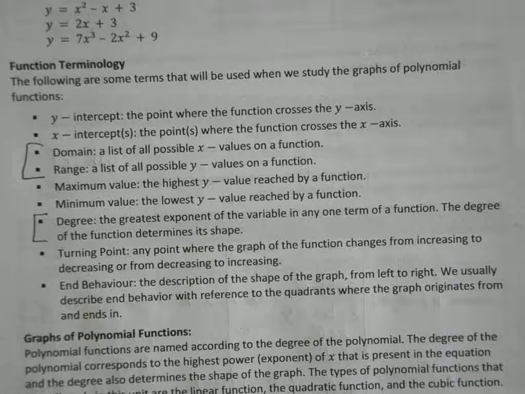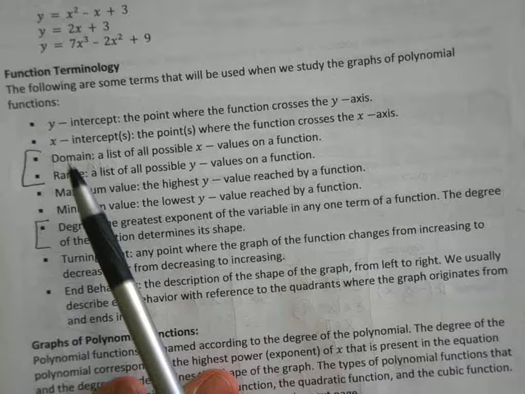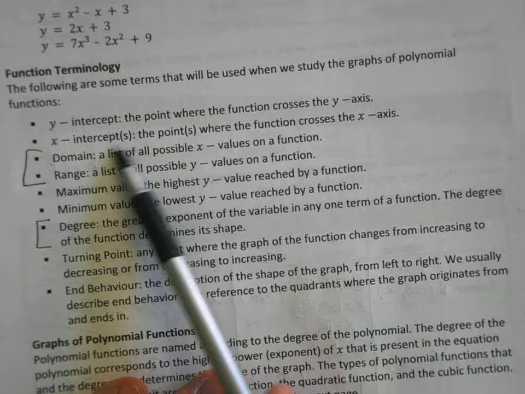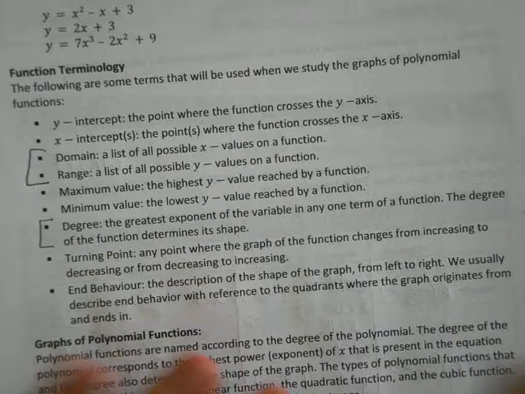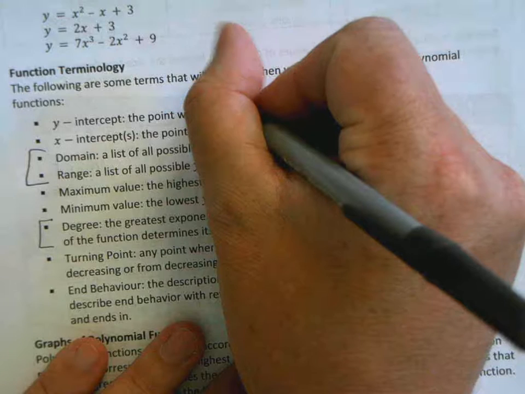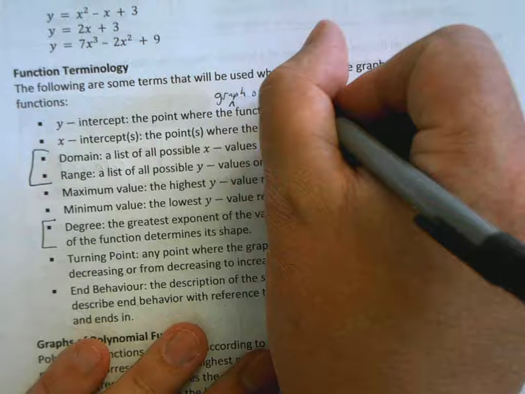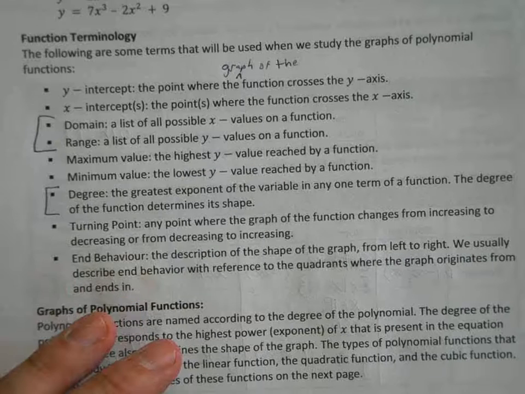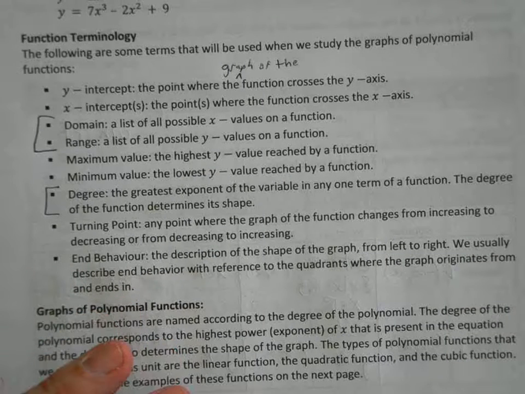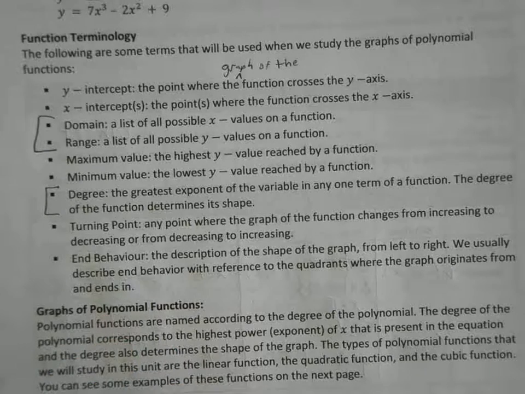Okay? X-intercept or x-intercepts are the points where the graph of the function, this really should say where the graph of the function, if I'm being anal retentive. Okay, you don't need to add that in, but the x-intercepts are where the graph of the function crosses the x-axis, the horizontal axis, right?